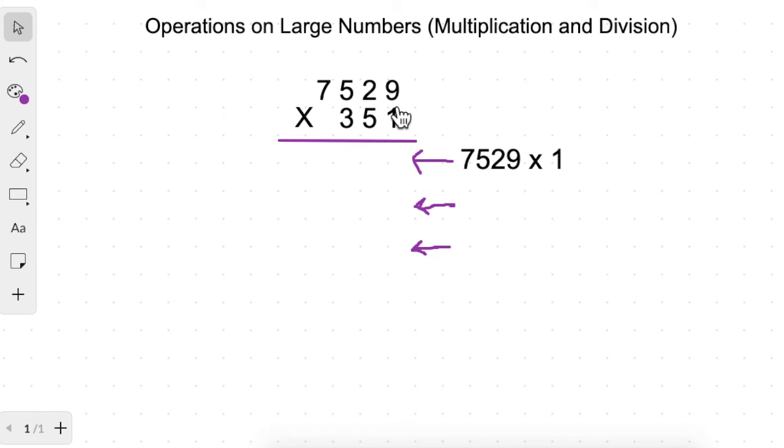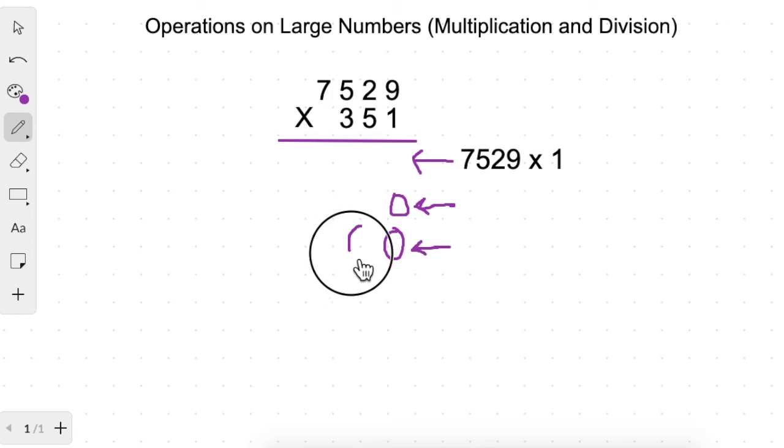But remember, children, we'll not multiply this with 5. We'll multiply it with 50. So it is up to you. You can place a 0 here and then multiply 5 with this number, or you can multiply this number with 50. Similarly, for the 3, we can multiply the number with 3 and add zeros here.